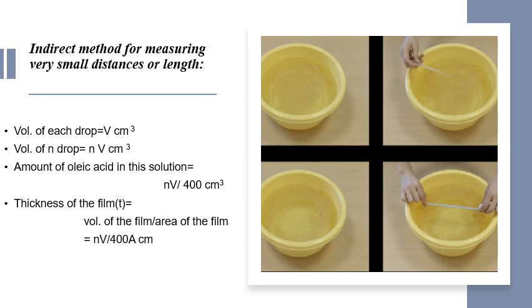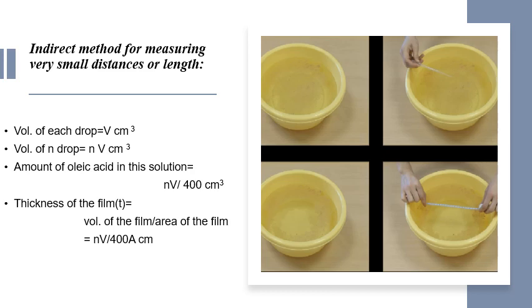What we are going to do is dissolve 1 centimeter cube of oleic acid in 20 centimeter cube of alcohol, and then redissolve 1 centimeter cube of this solution in 20 centimeter cube of alcohol. I repeat, 1 centimeter cube of oleic acid in 20 centimeter cube of alcohol, and then we redissolve 1 centimeter cube of this solution in 20 centimeter cube of alcohol.